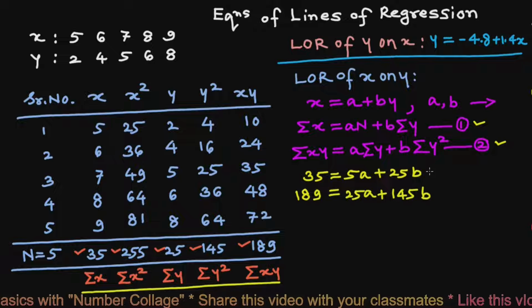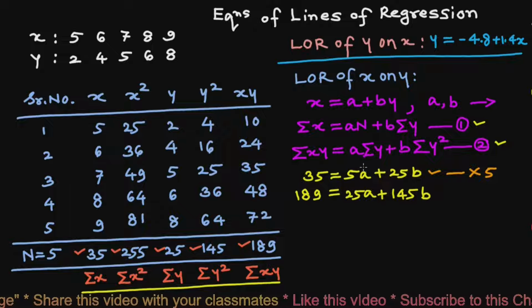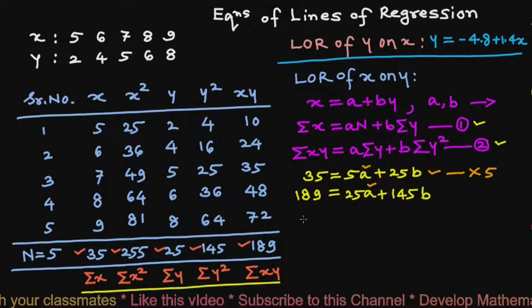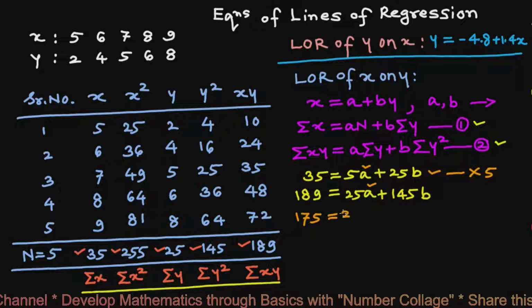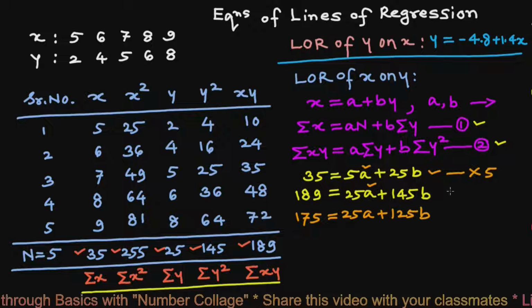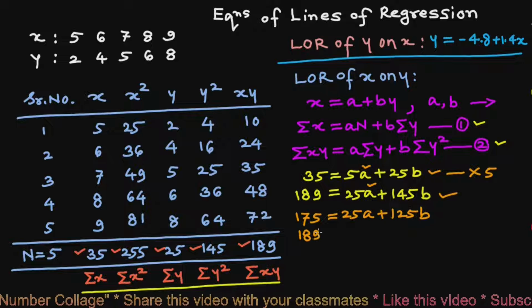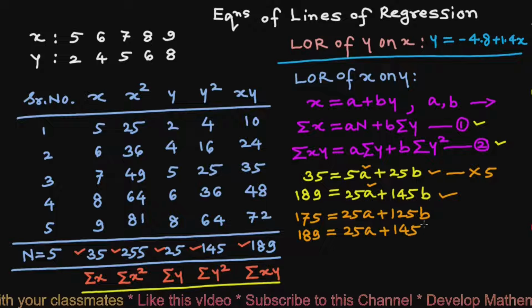We will multiply this equation by 5 to make the coefficients of a same, that is 25. So it will be 175 equals 25a plus 125b. We will write the second equation as it is, 189 equals 25a plus 145b.